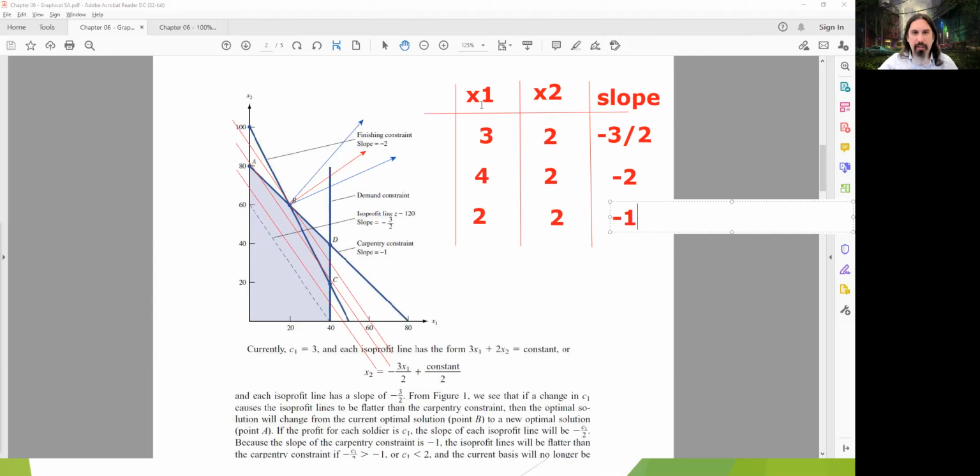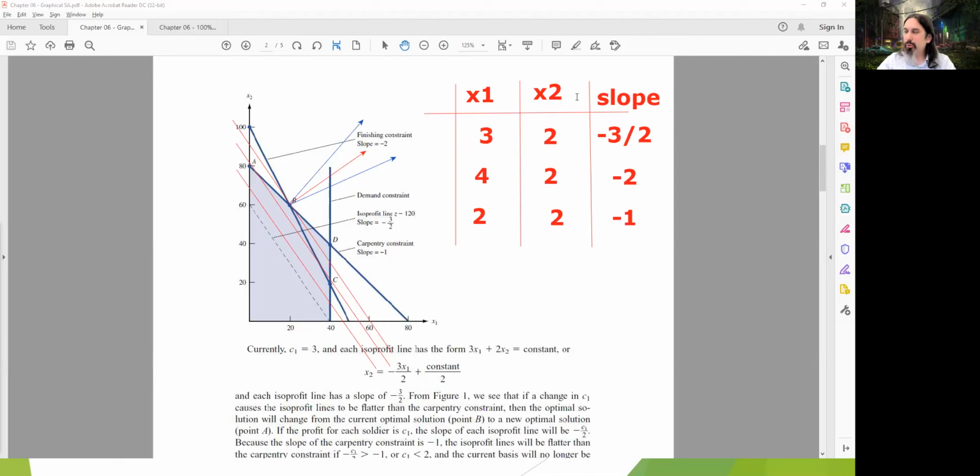For x1, I can increase it by 1 point to get a slope of -2 and fit on one of my active constraints, or I can take it down by 1 point and make it fit the other active constraint. So I can allow x1 an increase of 1 point or a decrease of 1 point. The allowable increase and decrease for x1 are 1 and 1.